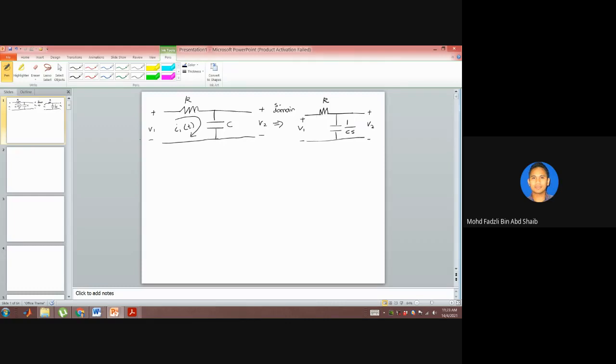So V1 becomes V1(S), V2 also becomes V2(S), and the current becomes I1(S).